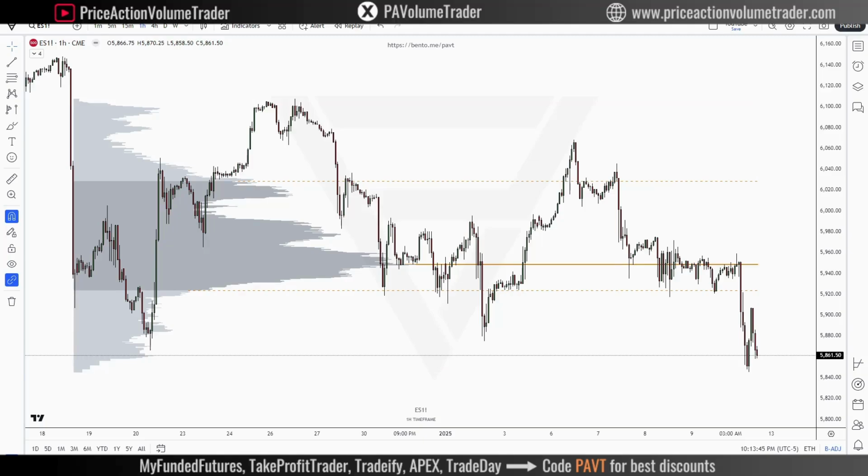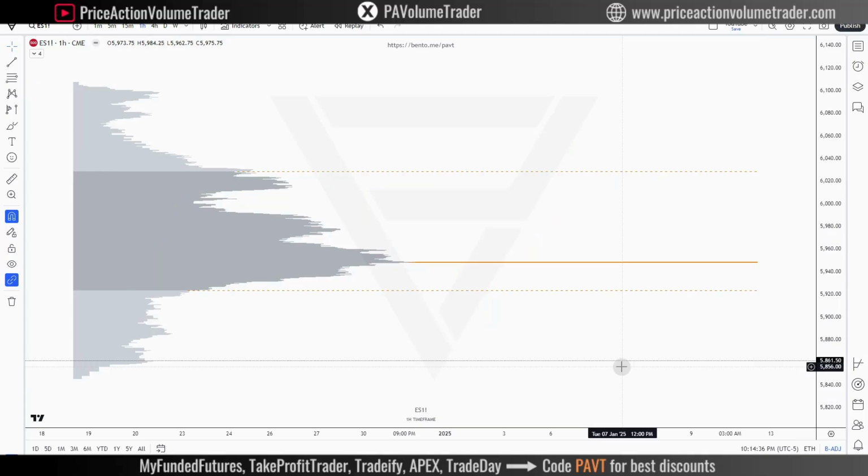So let's take off the candlesticks and only leave the volume profile so we can define all the different elements that make it up. So I took off the candlesticks from the chart. So let's talk about all the different elements in a volume profile.